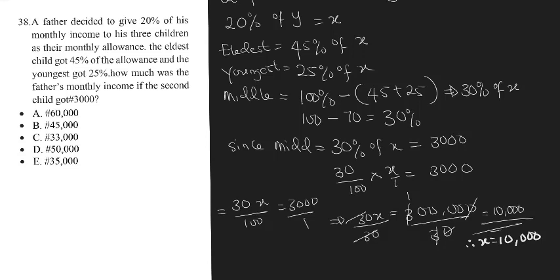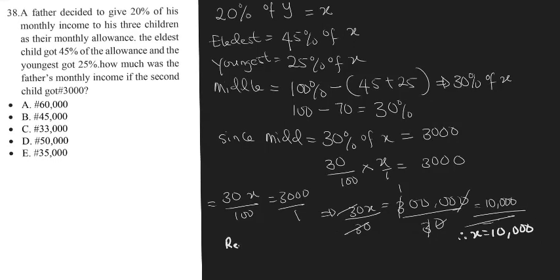So remember that 20% of Y is equal to X, right? This is 20 over 100 times Y, is equal to, what is X? 10,000.